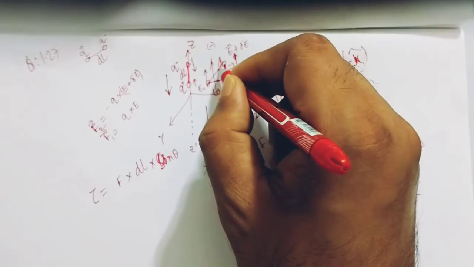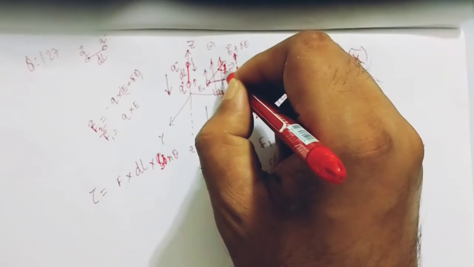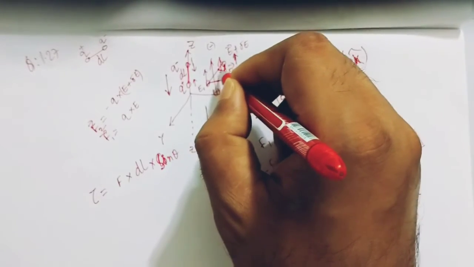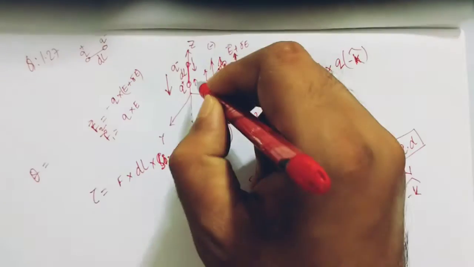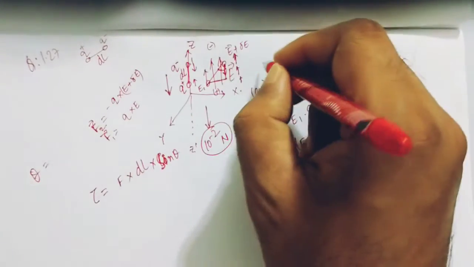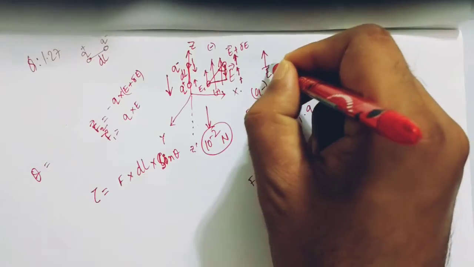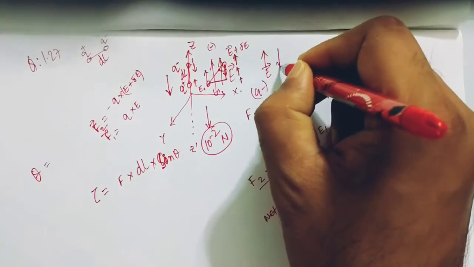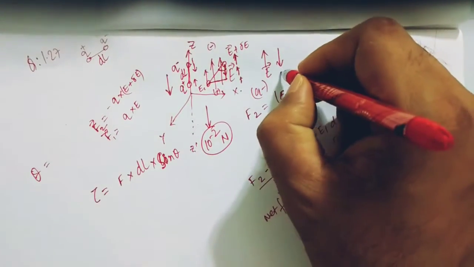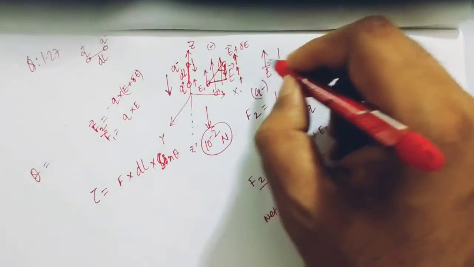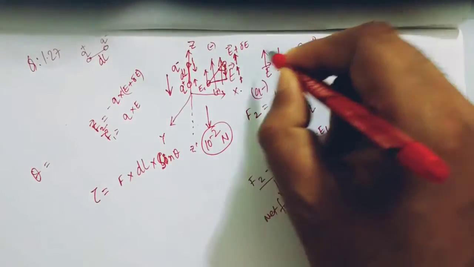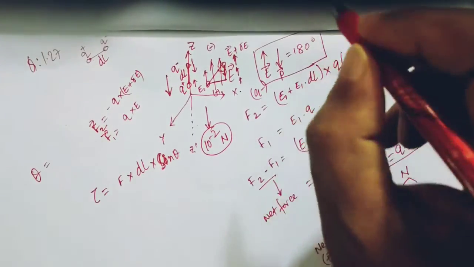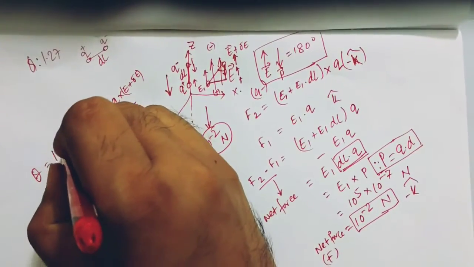Here this is actually parallel. Because of this direction, the electrical field is in this direction, and this dipole moment is in this direction. So this is actually 180 degrees. The angle between these two is 180 degrees, theta is 180 degrees.